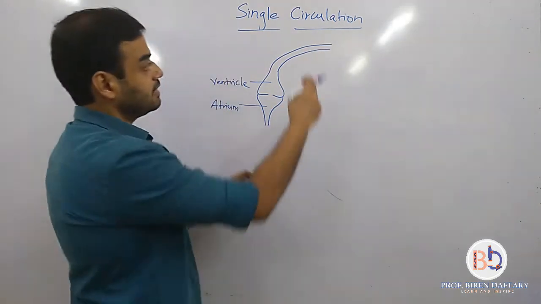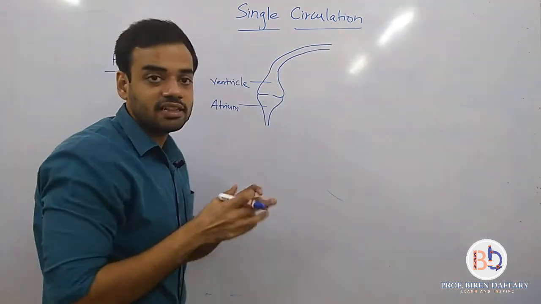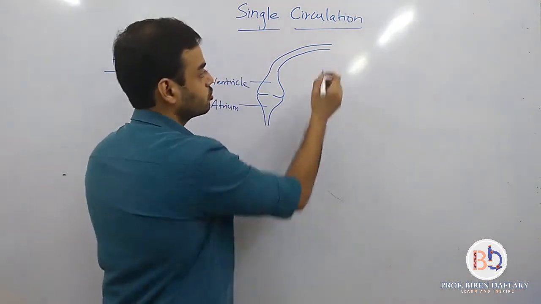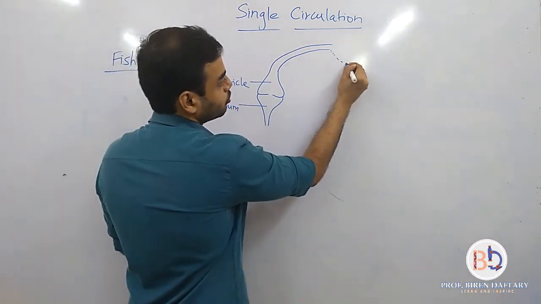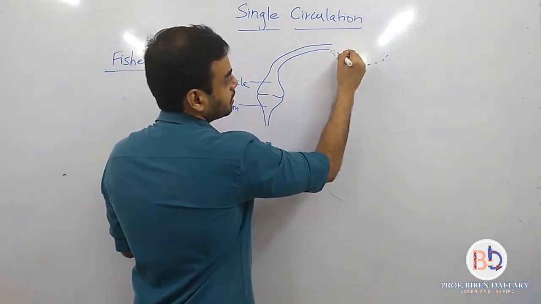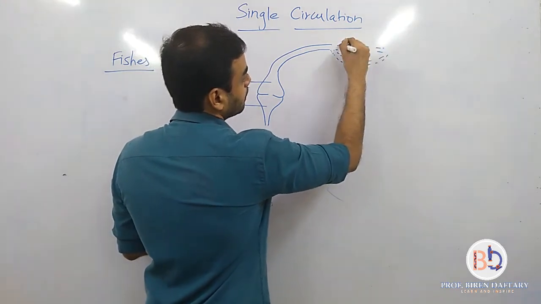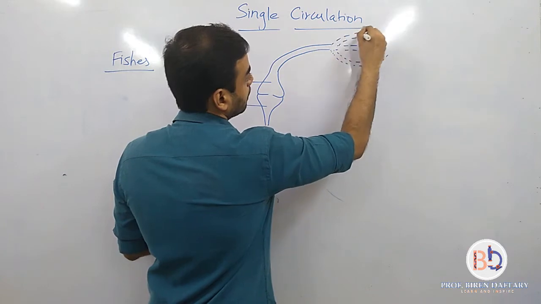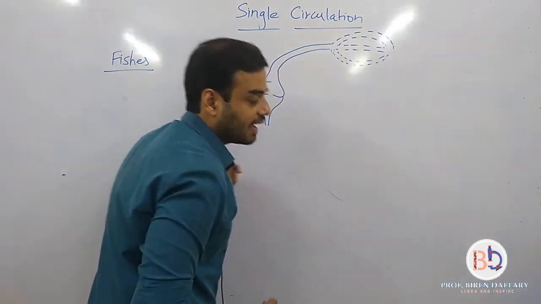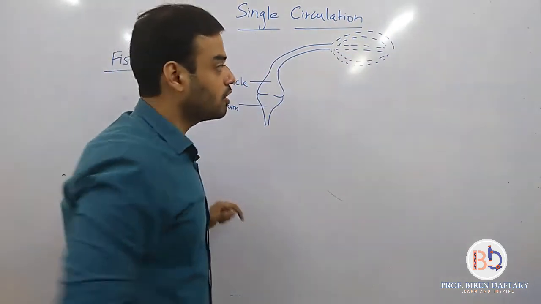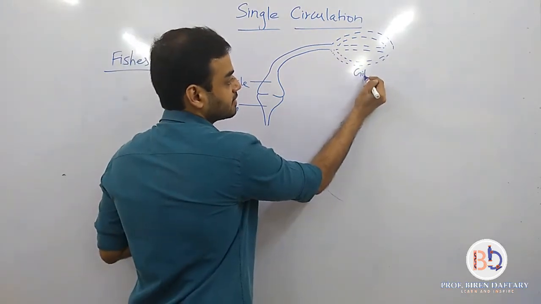Okay, these blood vessels will then divide into capillaries. So you know what capillaries are, correct? So these capillaries will be formed. And these capillaries are called gill capillaries.